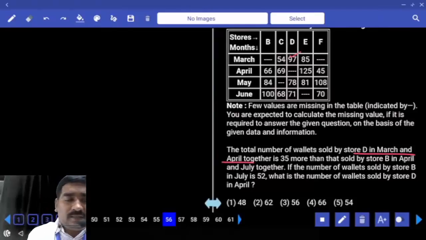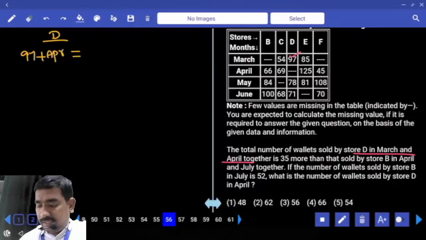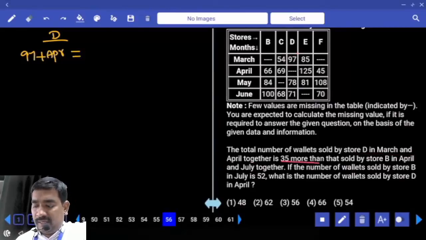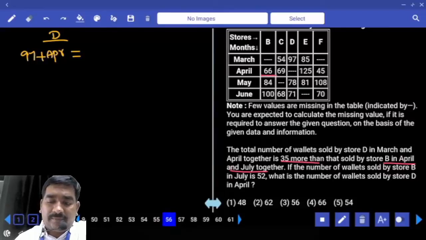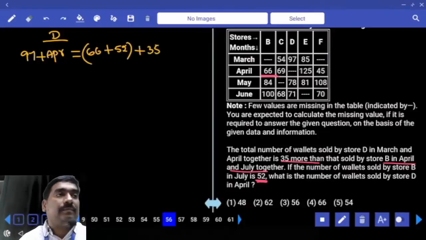Store D in March is 97. April we don't know. That together was 35 more than sold by store B in April and July. Store B in April is 66, and in July they gave 52. And store D is 35 more, so plus 35.